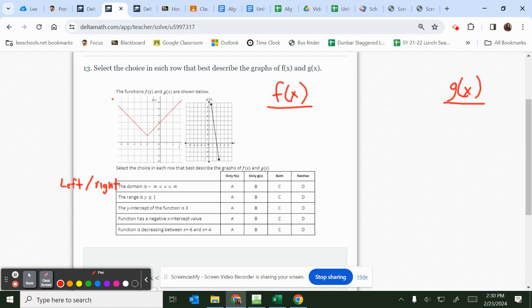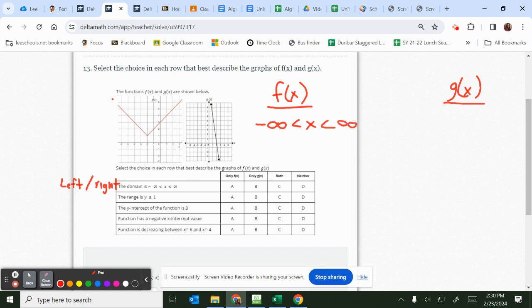I see that it's extending further and further to the left, on and on forever, starting at negative infinity and ending at positive infinity. So for f of x, you're going from negative infinity to positive infinity.